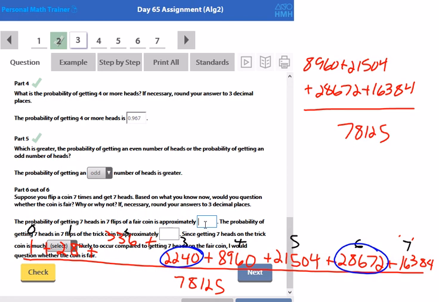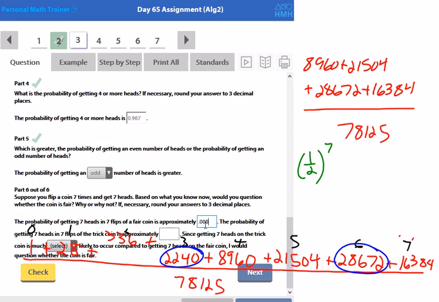So that would be 1/2 to the 7th power. 2 to the 7th is 128. Do they want that as a decimal? 3 decimal places. So 1 divided by 128 is approximately 0.008.